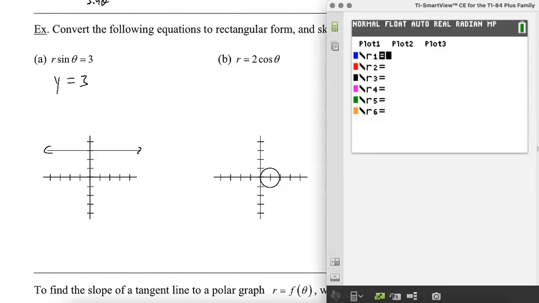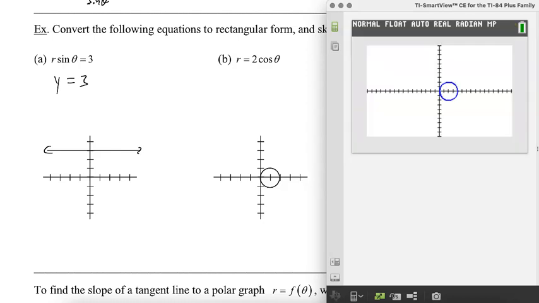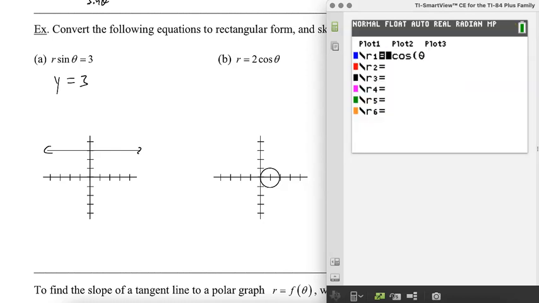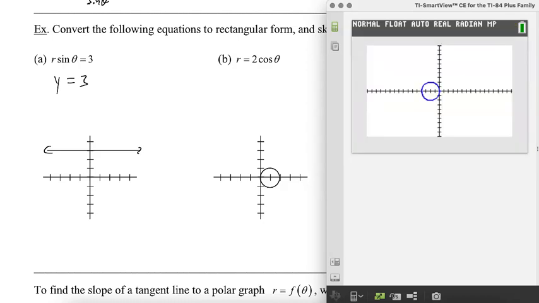So let me show you a few examples here. I'm going to make it big. I'm going to do 4 cosine of theta. This will be a circle with a diameter of 4 centered on the x-axis. If I make this a negative 4, all it does is reflect it over to the other side, because those radii would just become negative.